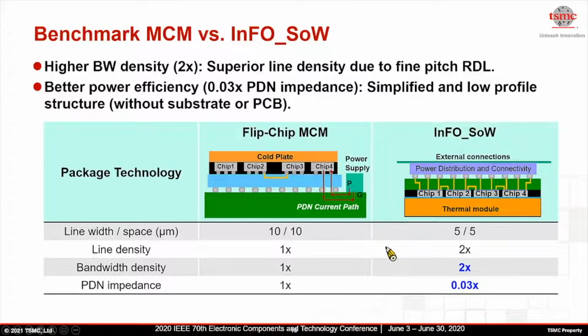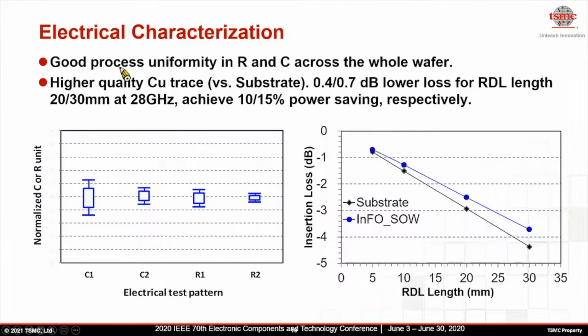Here we eliminate both substrate and PCB. Since this is a super large system utilizing the full wafer size, we need to check for good process uniformity in R and C, which is shown on the left side.